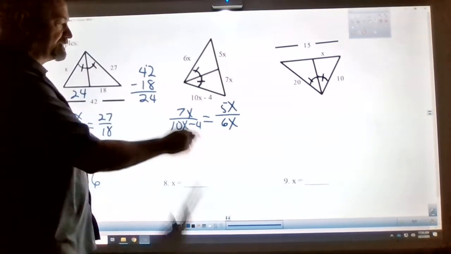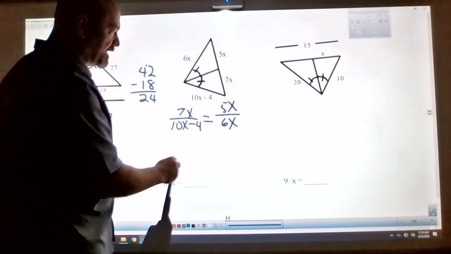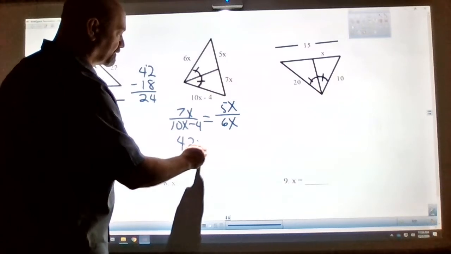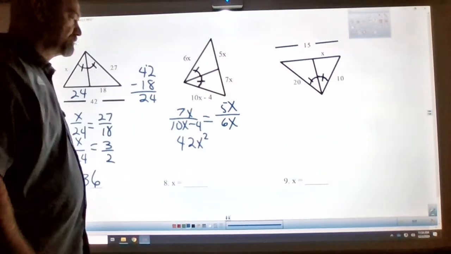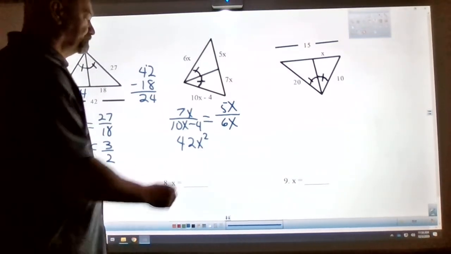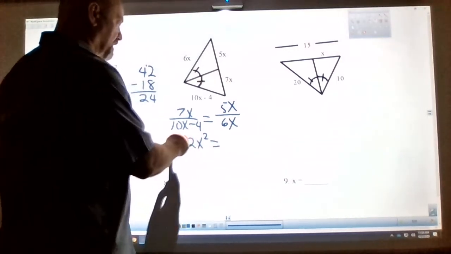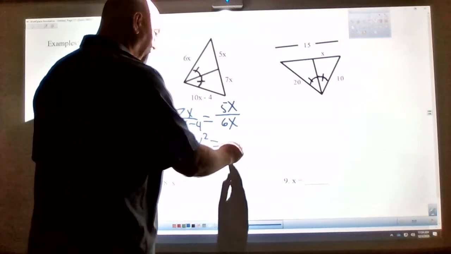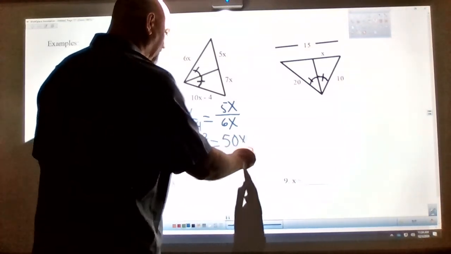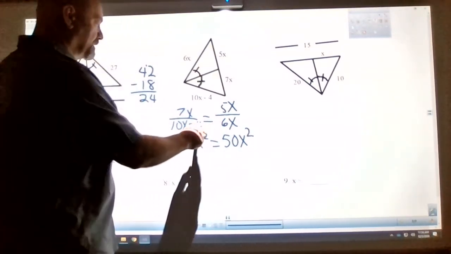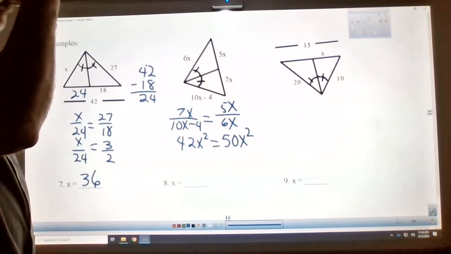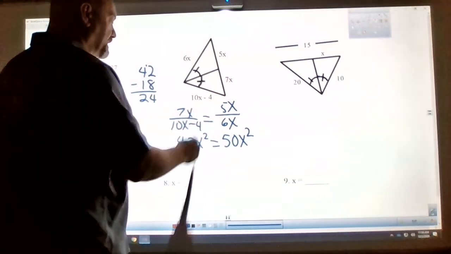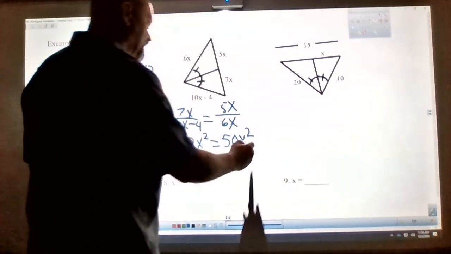Okay, cross multiply. 42x squared equals 5x times 10x, which would be 50x squared, minus 20x.